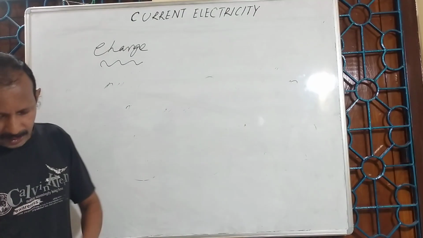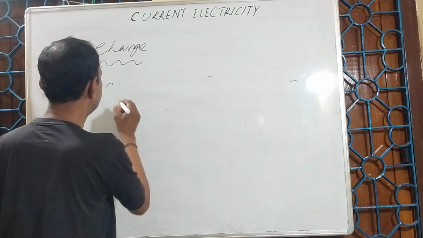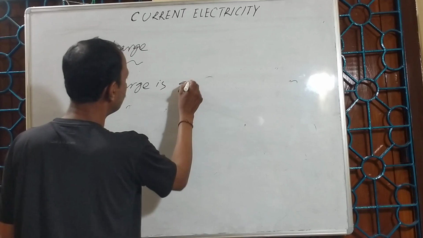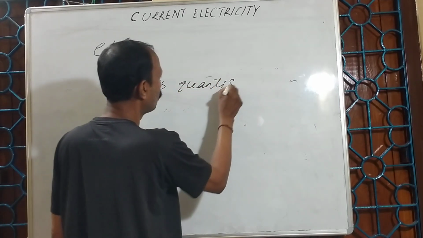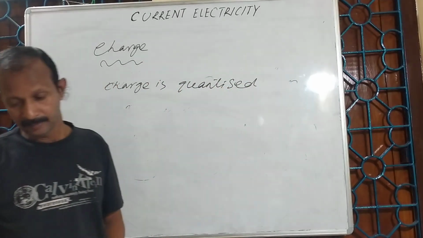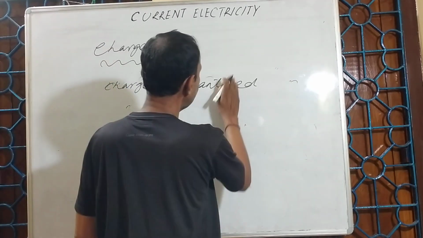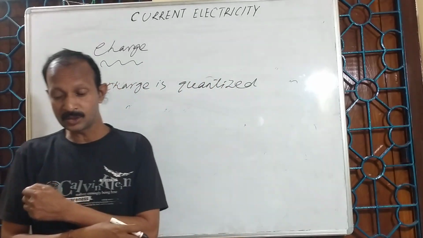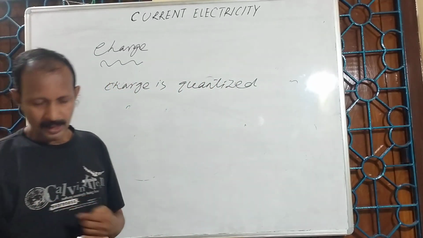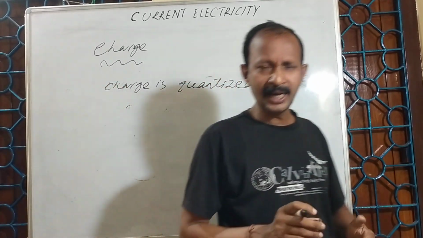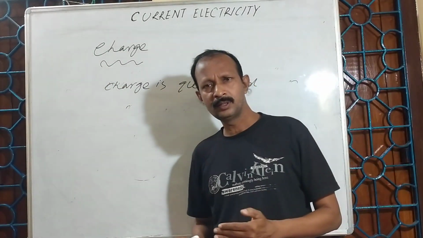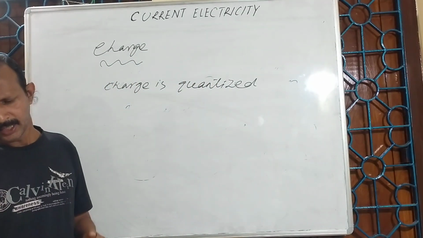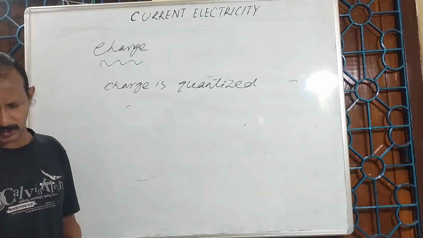Third property is that charge is quantized. Very important point. What does it mean that charge is quantized? An object is electrically charged means it has either an excess of electrons or a deficit of electrons.